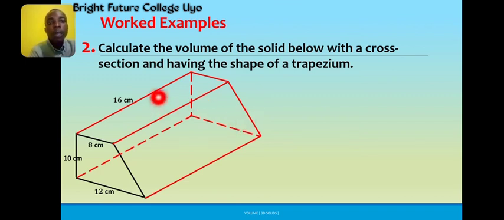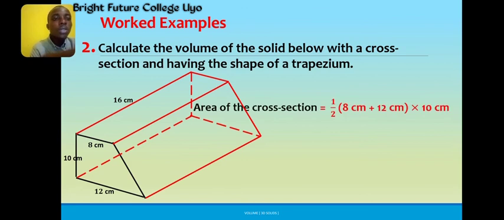Now that means this is the height. Are you there? And you know that this trapezium has two parallel sides, 8 centimeter and 12 centimeter, and this is the height. Are we together? Okay, so how do we calculate that now? Area of cross section, this black part. You remember this formula: 1/2 times the sum of parallel sides, times height.